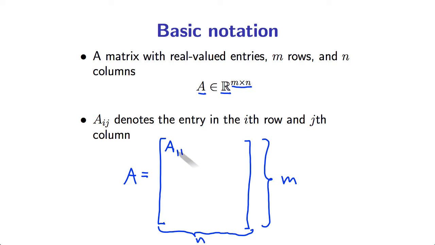It will be the entry in the first row and the first column. The next entry would be the 2, 1 entry, the entry in the second row and the first column. And similarly here we would have the 1, 2 entry. For the jth column and the ith row, this would be the ijth entry here.